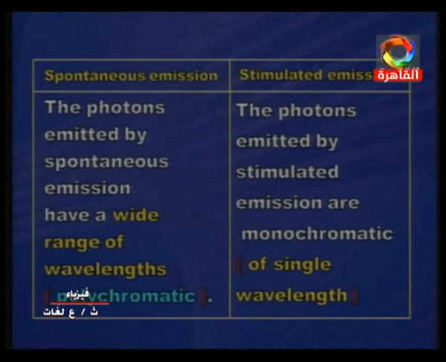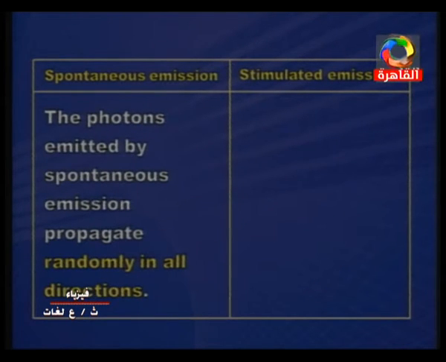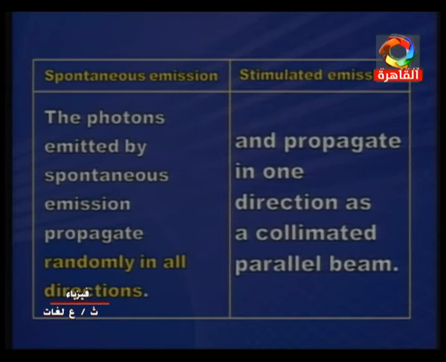We call this single wavelength, monochromatic. Another point of difference, the photons emitted by a spontaneous emission propagate randomly in all directions. They are divergent. But the photons emitted by a stimulated emission are coherent and propagate in one direction as a collimated parallel beam.